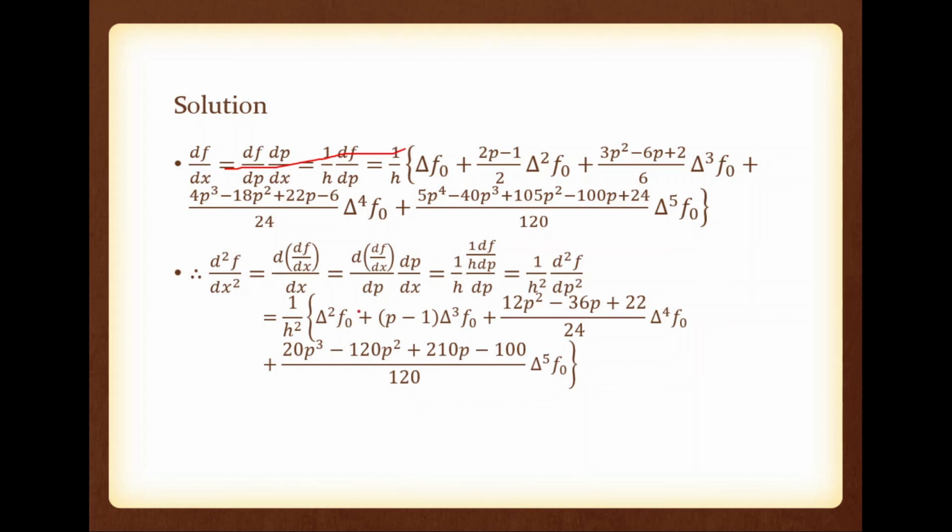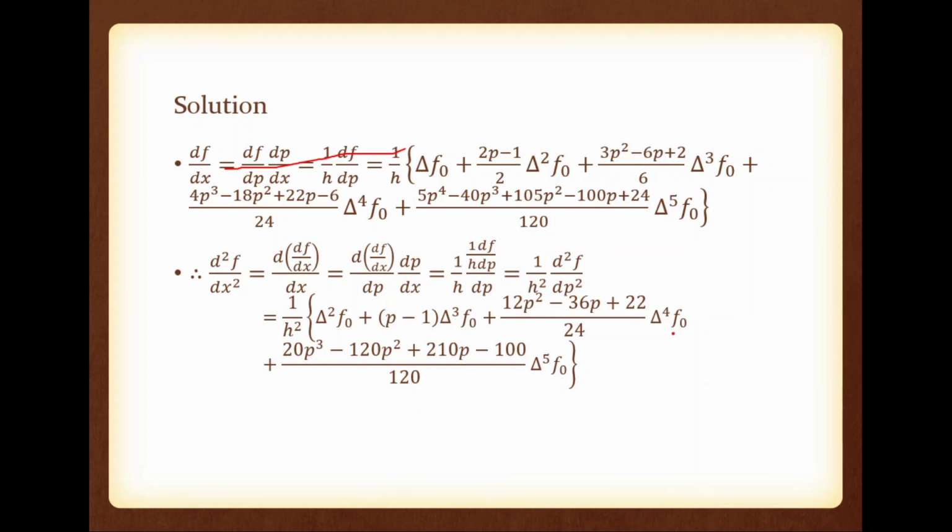So 1 into delta square f0 plus, what is the differentiation of this term? This is 6p minus 6 divided by 6, so it will become p minus 1, p minus 1 into delta cube f0. Plus, what is the differentiation of this term? This term will become 12p square minus 36p plus 22 divided by 24 into delta raised to 4 f0.